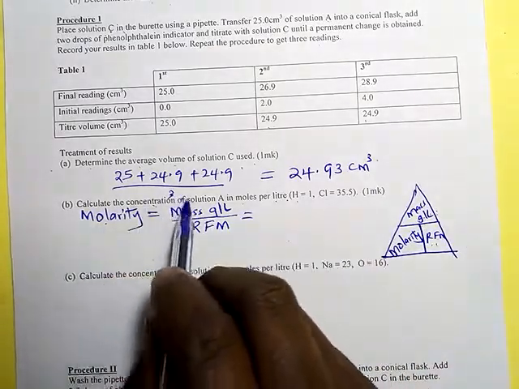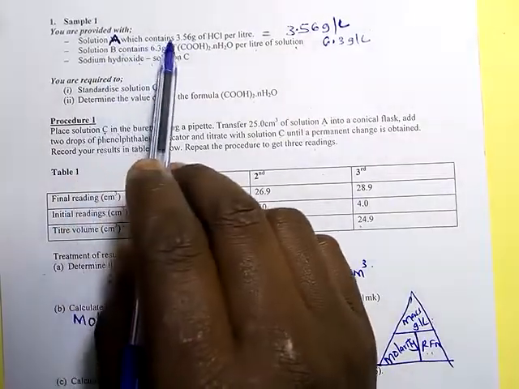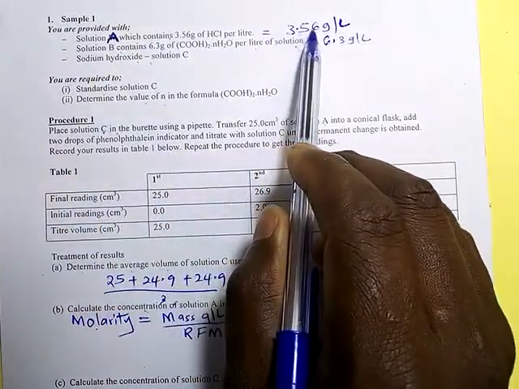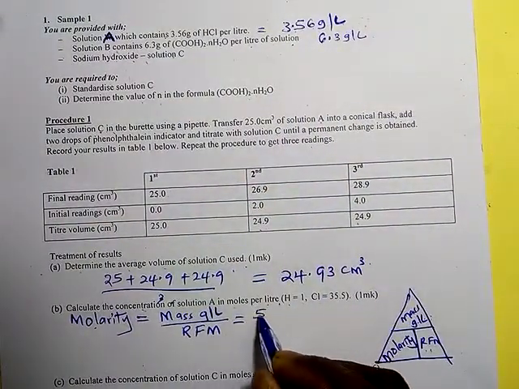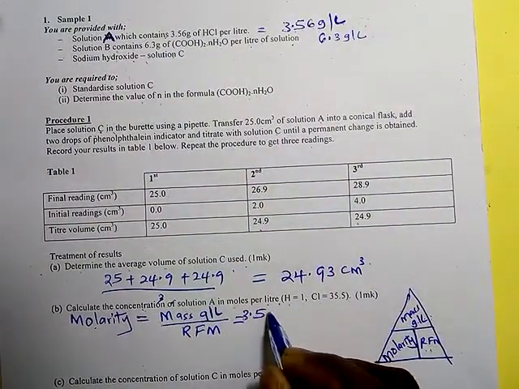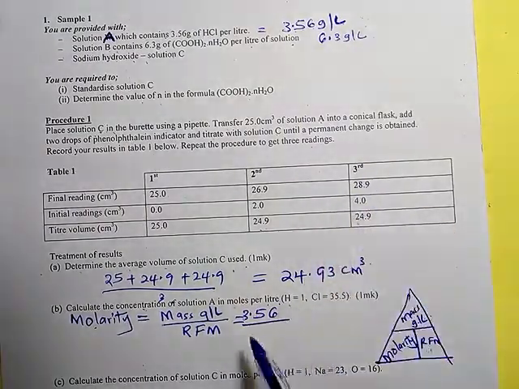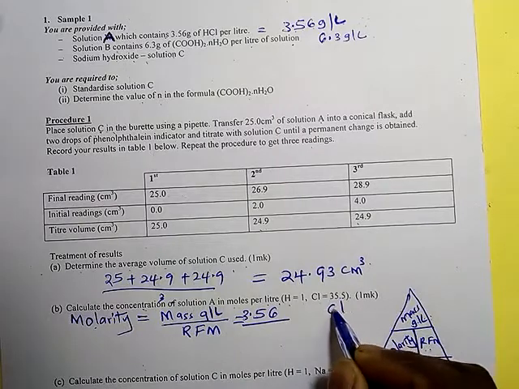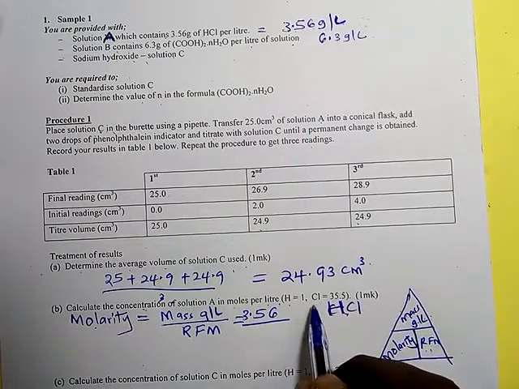So solution A was prepared with 3.56 grams in 1 liter. So we have 3.56 divided by RFM. RFM, not chlorine, but HCl.